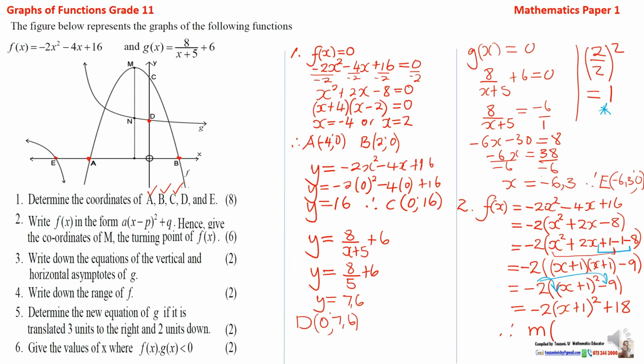The expression inside the brackets, you equate to 0 to get the x value of the turning point. If you do that, you will see that x equals negative 1. Then this 18 is the y coordinate of the turning point. So the coordinates of M are (minus 1, 18).